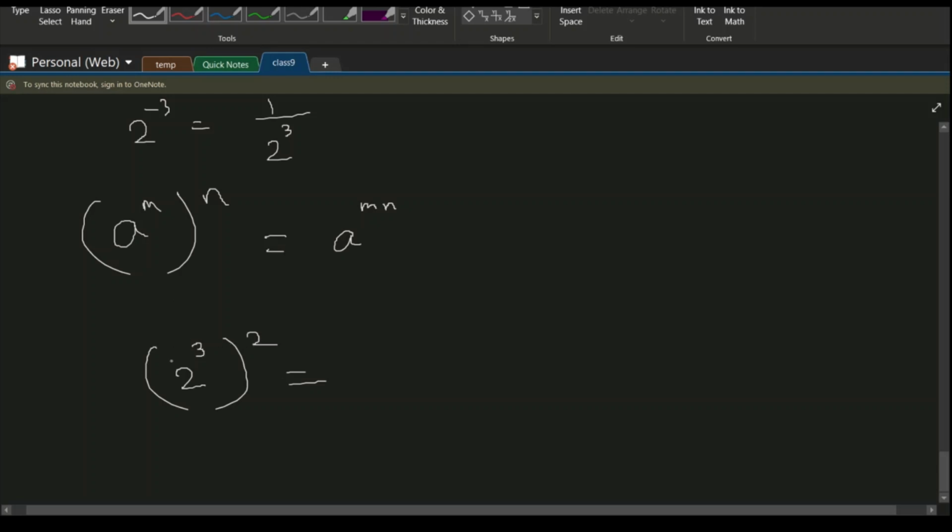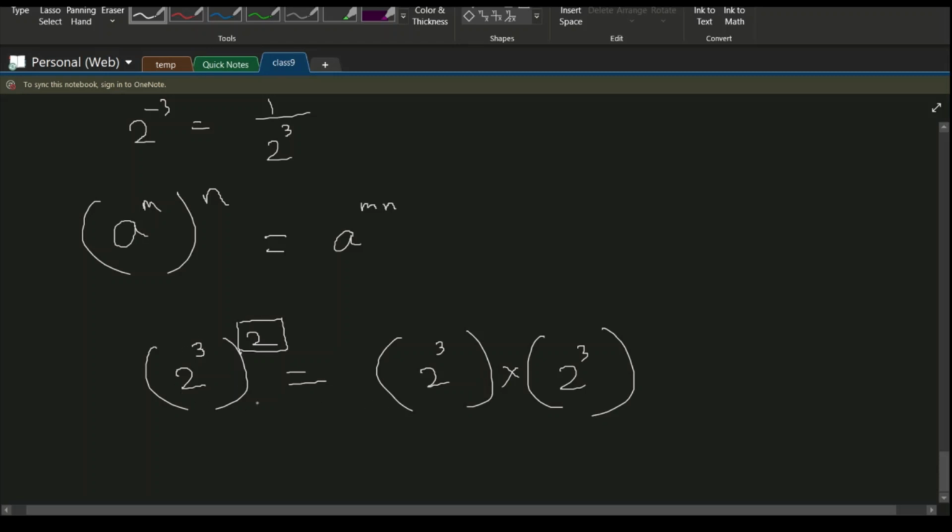Right, so if you want to expand this, let's look at the outermost power here. This is a 2, right? So that means this thing inside the bracket has to be multiplied with itself 2 times, because the power is 2 here. So I have 2 cube, 2 cube, 2 times I'm writing. And why 2 times? Because the outermost power here is 2, right?